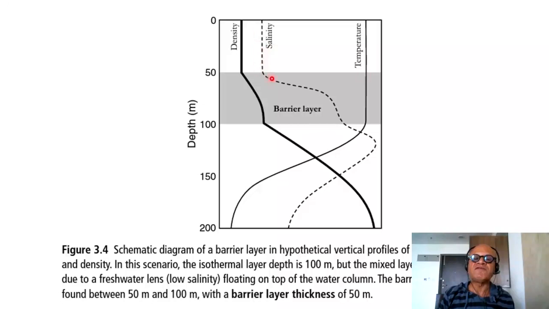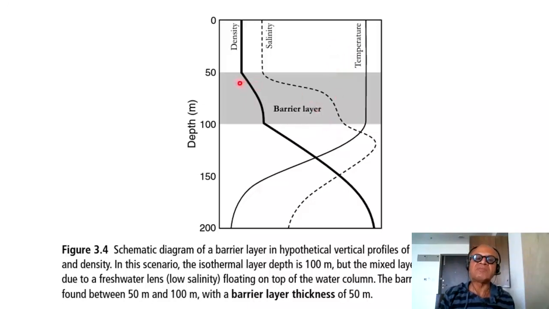So this different stratification in the vertical between temperature and density gives us a vertically homogeneous density that is different than homogeneous temperature, and this is referred to as a barrier layer because it acts as a barrier to surface cooling when there is entrainment mixing.